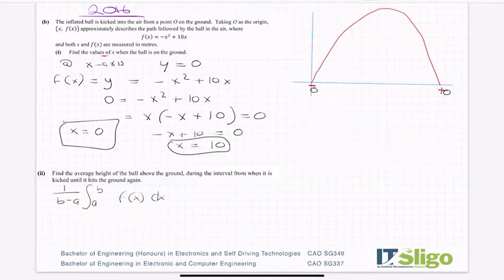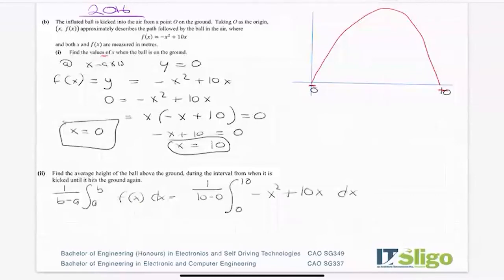Okay, so that you get a rough area under that curve. Okay, so for this one, it would be the integral between 0 and 10 of our function. I forgot the 1 over b minus a part before it. Back up there. 1 over b minus a, the integral of my f of x, which is minus x squared plus 10x dx.